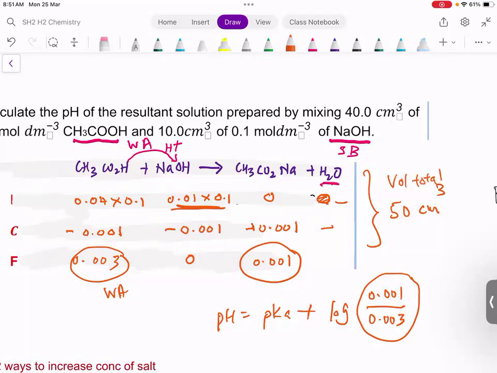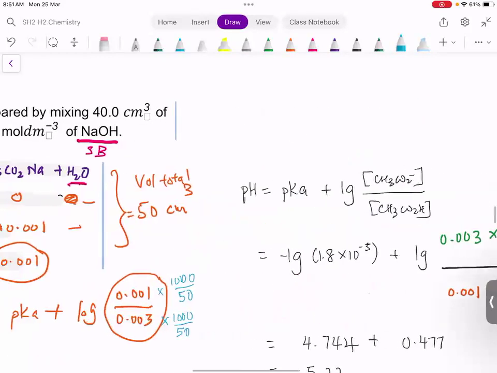So what's your answer? My answer is 5.22.